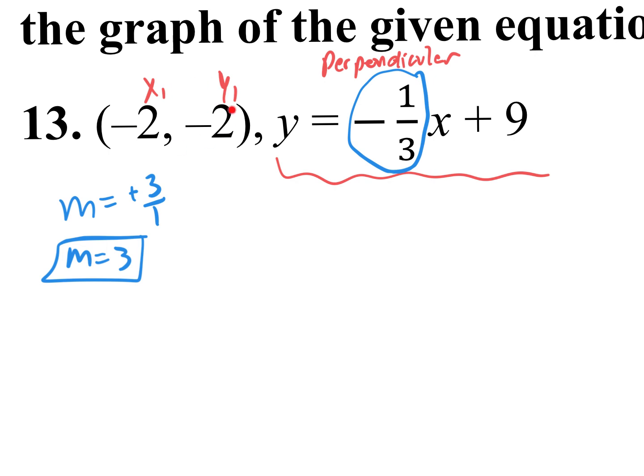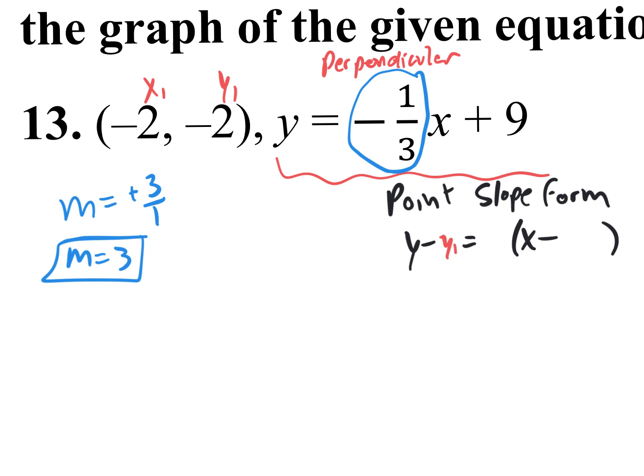Okay, so what do we have here? We have a point and we have a slope. Point-slope form is y minus y1 equals m parentheses x minus x1. Whenever I use this form, I recommend writing it with blank spots: y minus y1 equals m parentheses x minus x1.